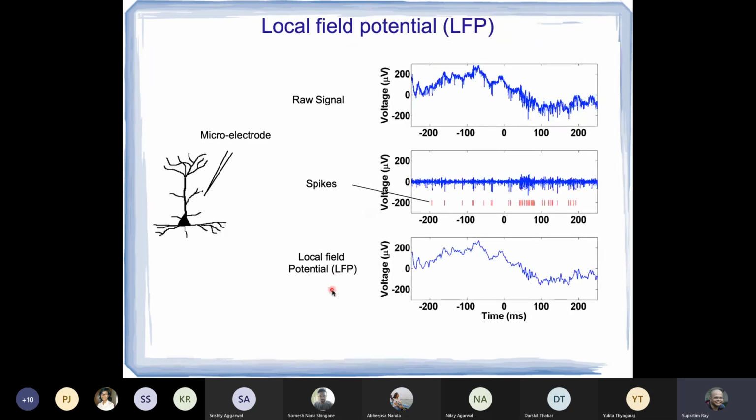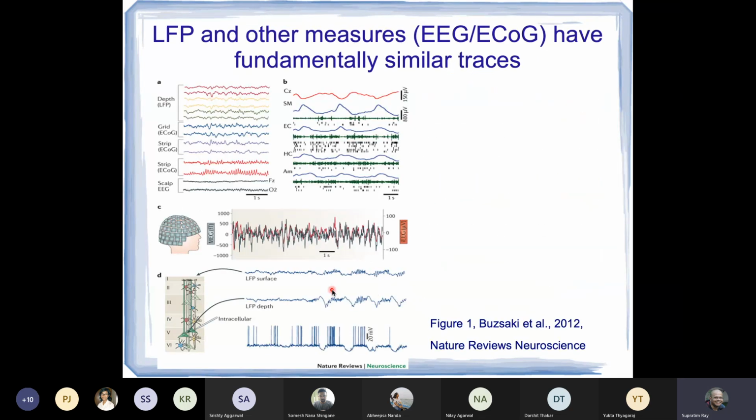But actually, if you look at brain signals, other than action potentials, the rest of the electrical signals have a very similar sort of structure. They are all time series, voltage as a function of time. People record signals by putting different types of electrodes.